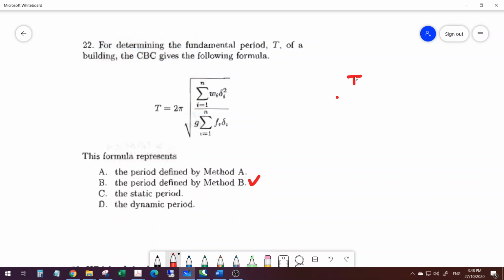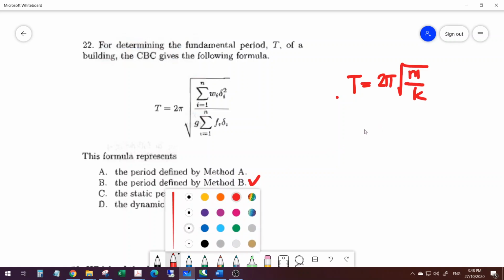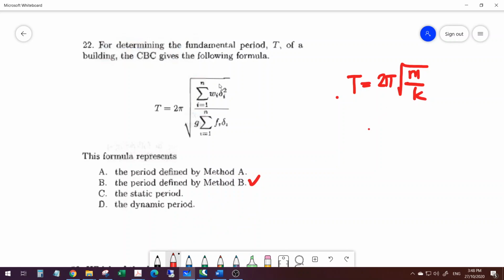If you remember our previous problem, 2 pi square root of m over k, right? So this is the 2 pi. Then how about mass? Mass is actually this, W over g, right? And how about k?